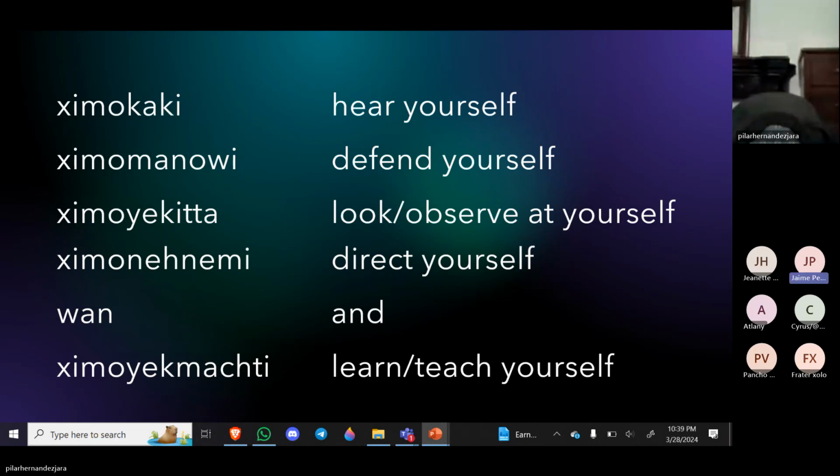These are essentially commands for yourself to actually practice when you are learning and existing in the here and now. Hear yourself, defend yourself, observe yourself, direct yourself, teach and learn from yourself.